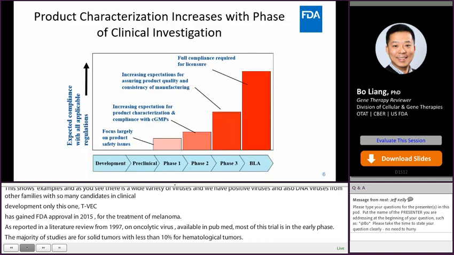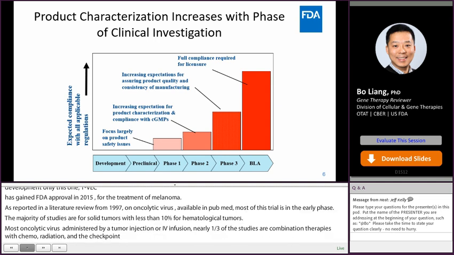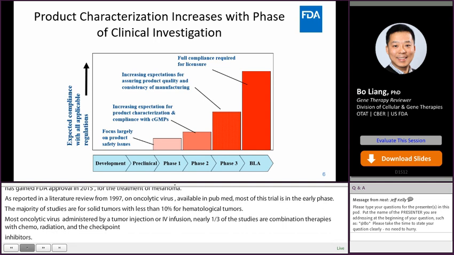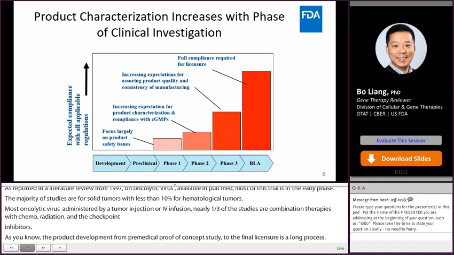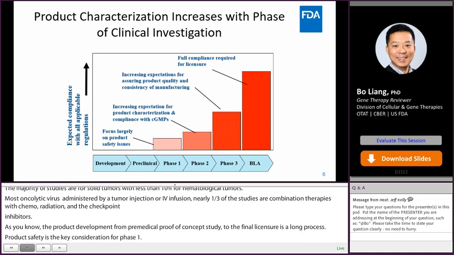As you know, the product development from preclinical proof of concept study to the final licensure is a long process. Product safety is really the key consideration for phase 1. As the study progresses into later phases, the expectations for product and process characterization increase stepwise for better assurance of product safety and quality.